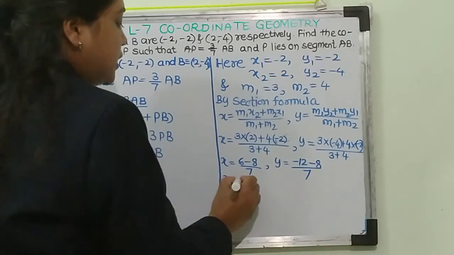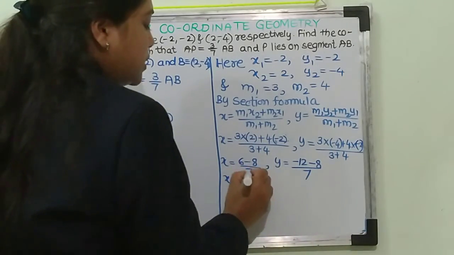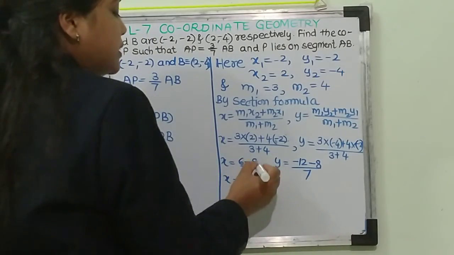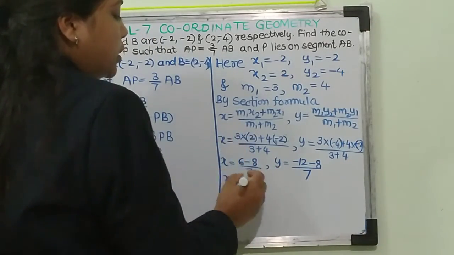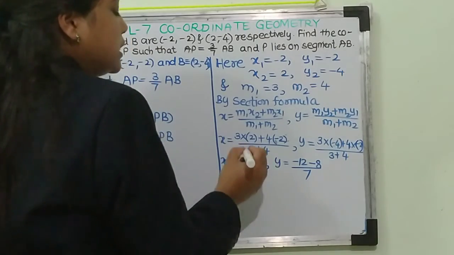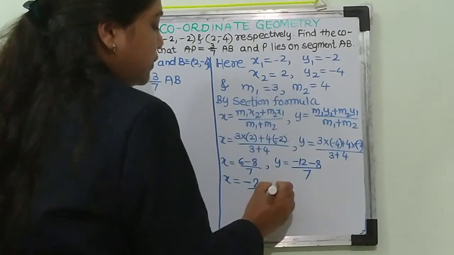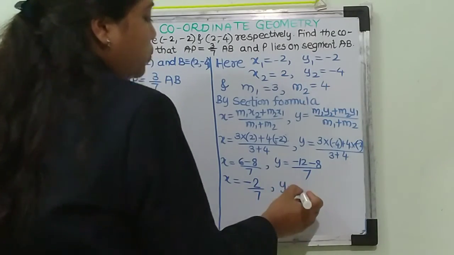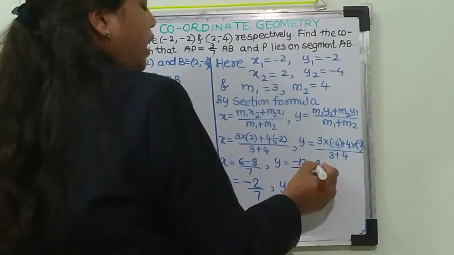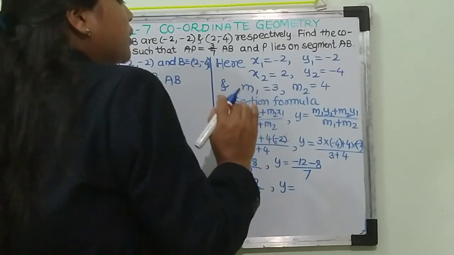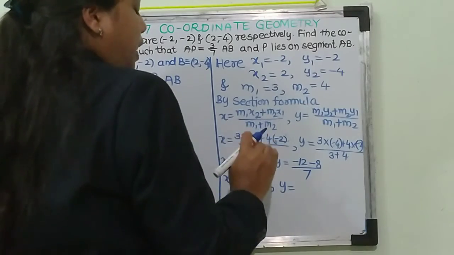So here x equals 6 minus 8. Plus and minus, take the sign of the bigger number. So here 8 minus 6 is 2, and the sign is minus. So -2 upon 7, and y equals -12 minus 8. Minus minus we have to add, but we give the answer the minus sign.